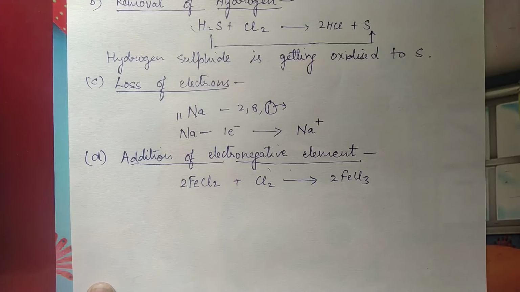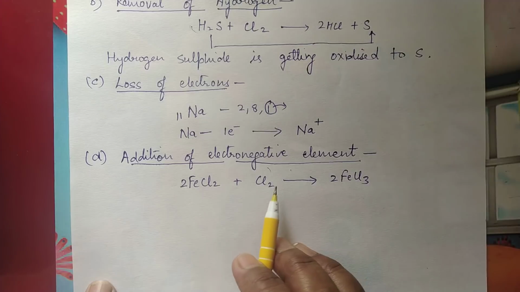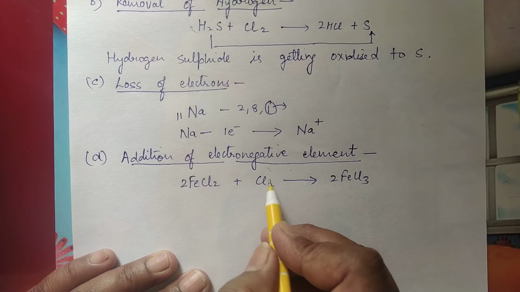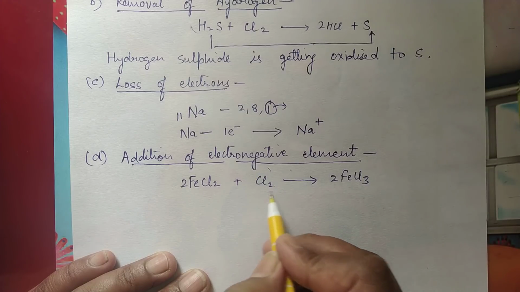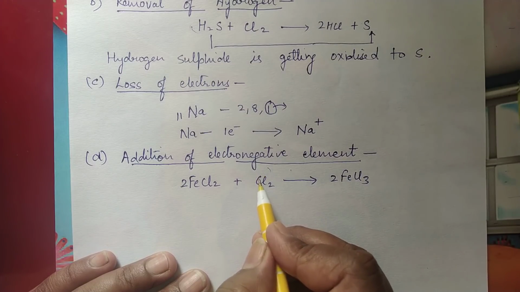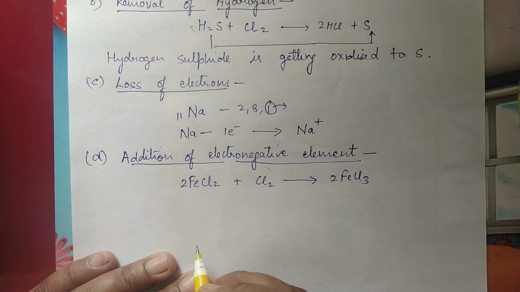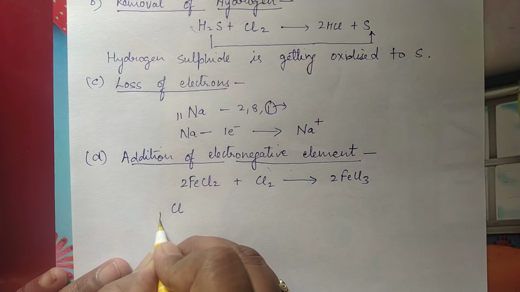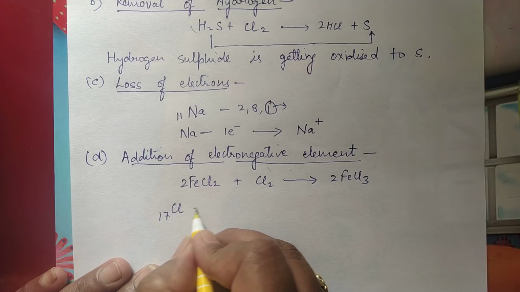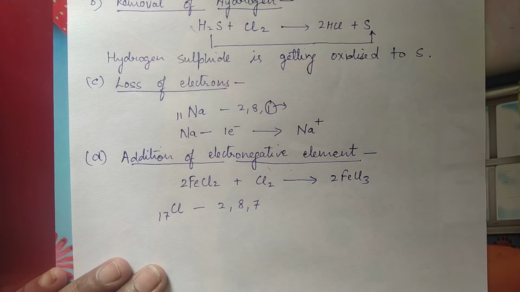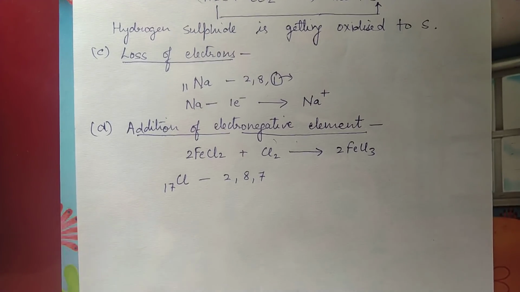This is considered an oxidation reaction, because here some electronegative element, chlorine, is added to the ferrous chloride. Let us first see what electronegative elements are. Chlorine has atomic number 17 and electronic configuration 2, 8, 7.